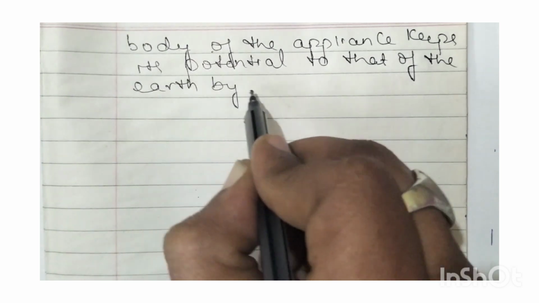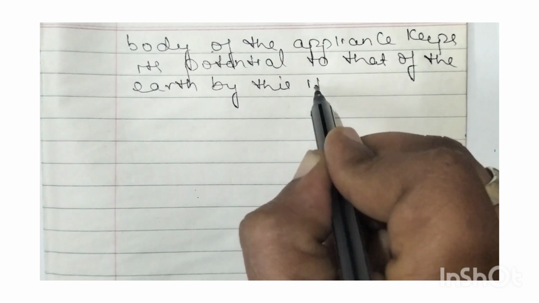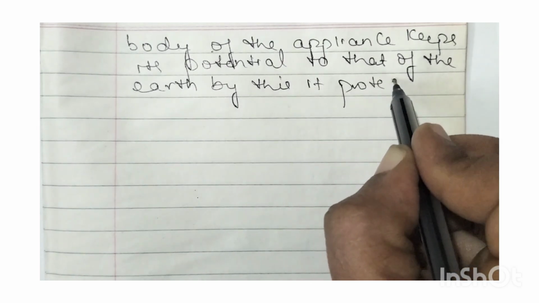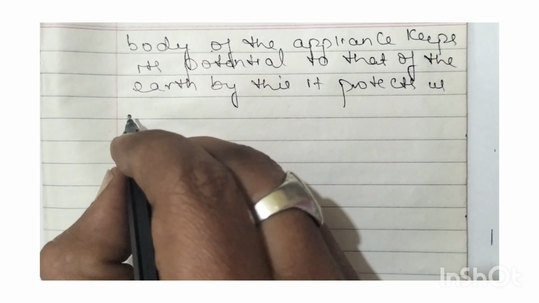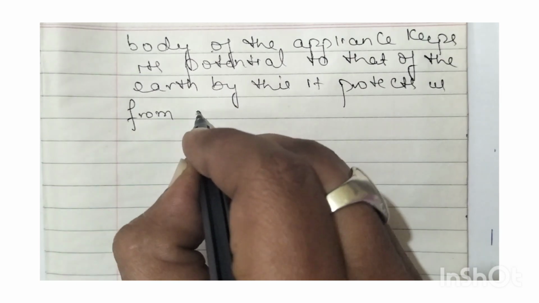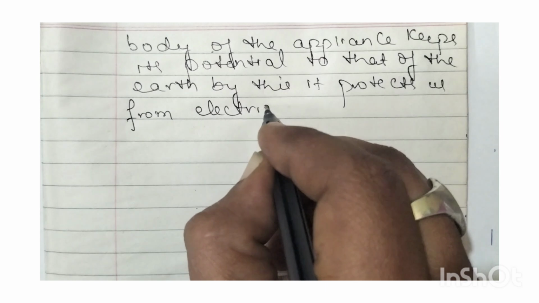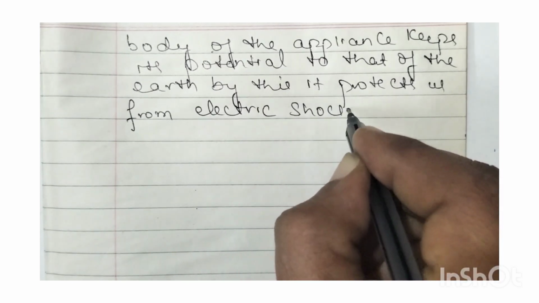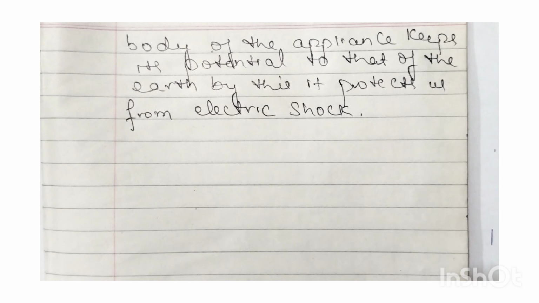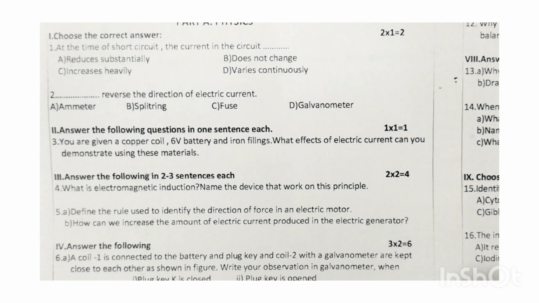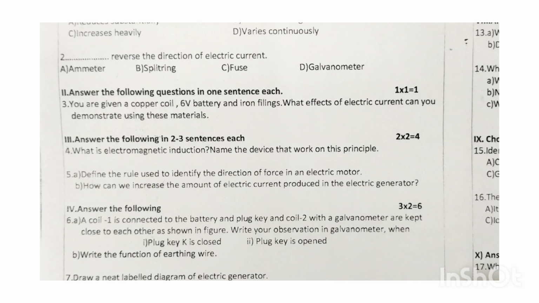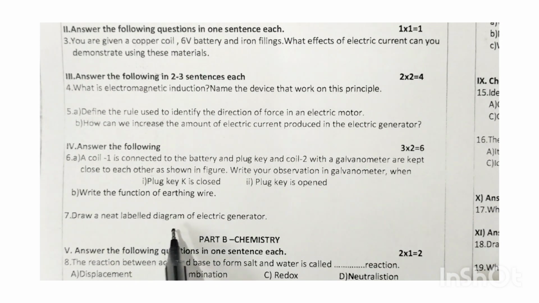By this, it protects us from electric shock. So this is the function of the earthing wire. After this, we have to go for the last main of the physics part, that is: draw a neat labelled diagram of an electric generator. This is the last question of the physics part.